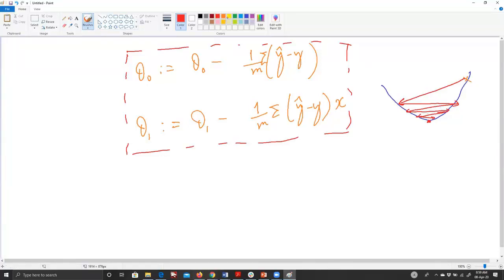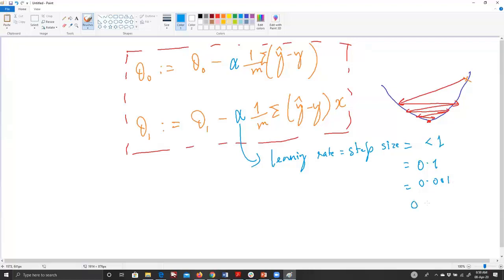So what you do is, to dampen this step, we put an alpha here. What is alpha? Alpha we like to call the learning rate, or a step size. Now it needs to be less than 1, guys. This is a kind of a requirement. Some values that we take are like 0.1, 0.01, 0.001, sorry, 0.05, something smaller than 1, which basically reduces the step size.